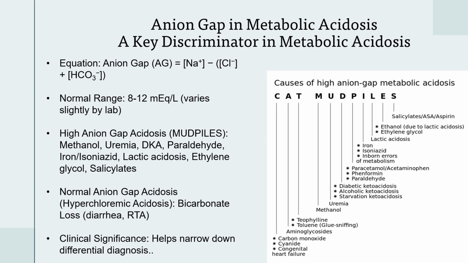But in the case of metabolic acidosis, the hydrogen ion concentration or the acidity of the blood can be increased by not just carbon dioxide coming from the left side of the equation, but it could also come from other acids, because it is a metabolic function.